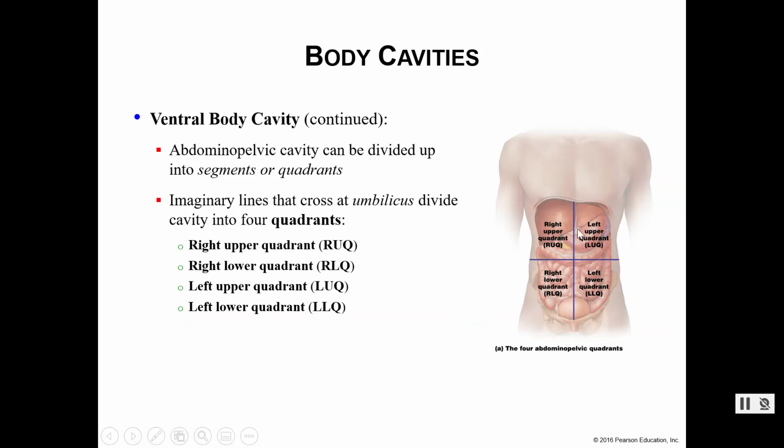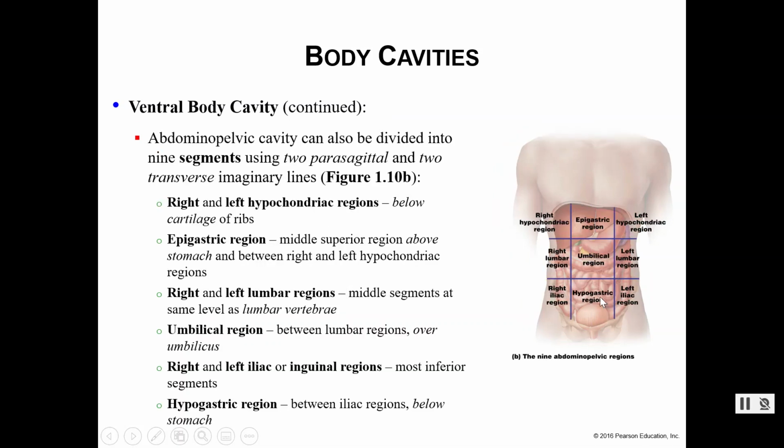You have a right upper quadrant, right lower quadrant, left upper and left lower quadrants. But you will notice, if we kind of look behind the words, we still can have quite a lot going on in each one of these quadrants. So if we need to be a little bit more precise, we add a few extra regions. Okay, so now we can cut you up into 9 segments.